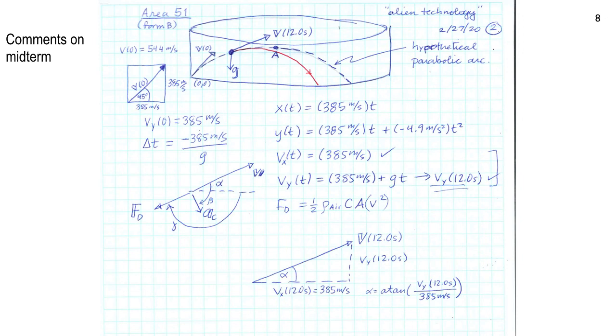Now that tells you the drop time, delta t, and the rise time. Now you didn't have to do this, but I did it when I set up the problem. Delta t is equal to the amount of velocity lost, minus 385 meters per second, divided by g.